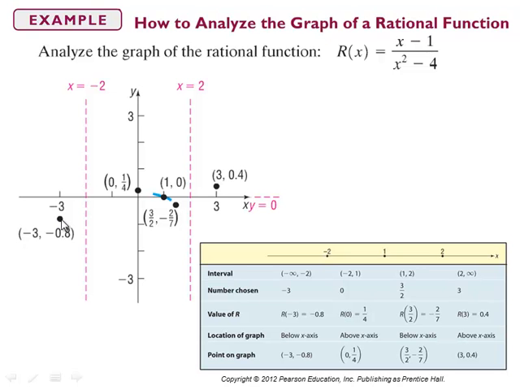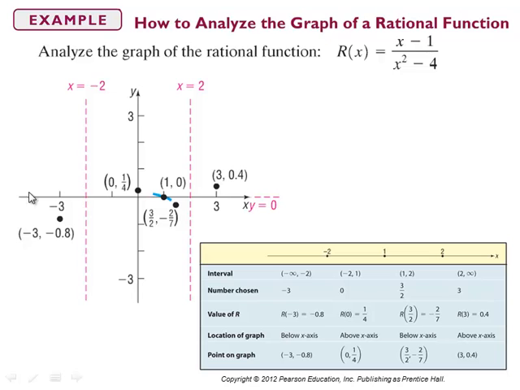Like I said, because we've already found all of our x-intercepts, and in this case, it's right there at x equals 1, we know that the graph is not going to cross the x-axis anywhere else. So for each of these intervals, if the graph is below the x-axis on that interval at any one location, the whole thing is going to be under the x-axis.